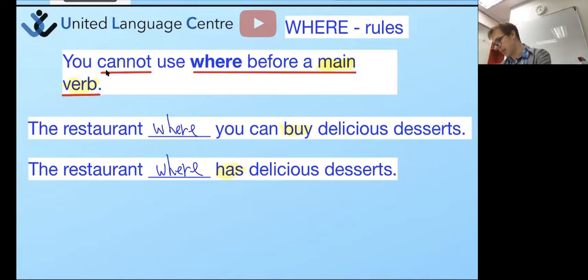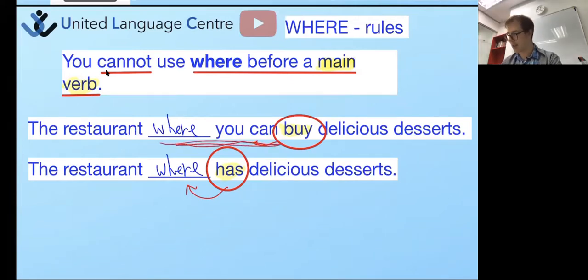So here's our main verb, here's our main verb. If the where is right before the main verb, is it okay? This one, don't worry, this is okay, because the buy is not next to the where. Before the buy, we have a subject: where you. As long as you have the subject here, you're safe.